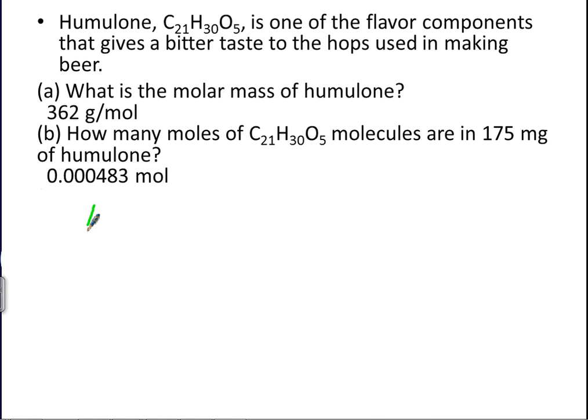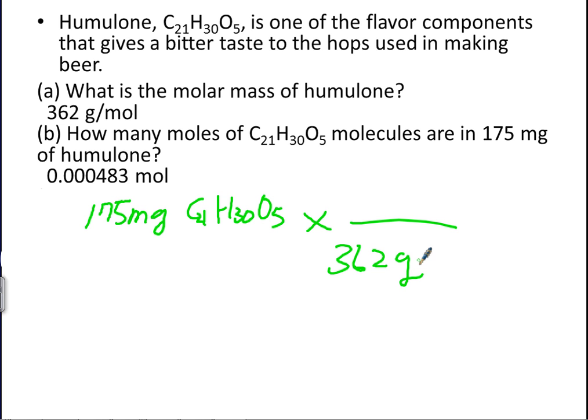It should be 175 milligrams of C21H30O5, right? And I have 362 grams for every 1 mole. Grams cancel out. For every 1 millimole, remember, because this is going to give you millimoles, right? You need to convert it to moles.